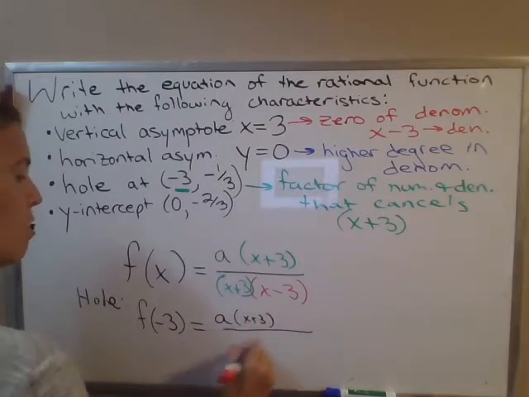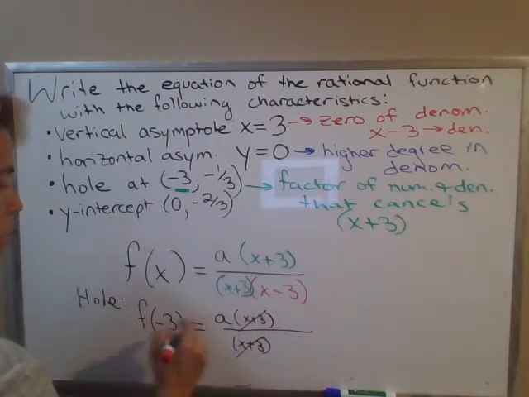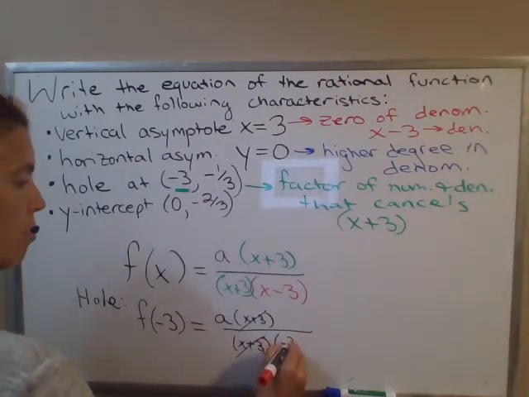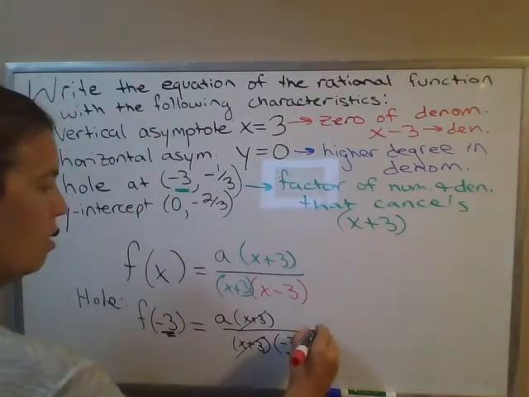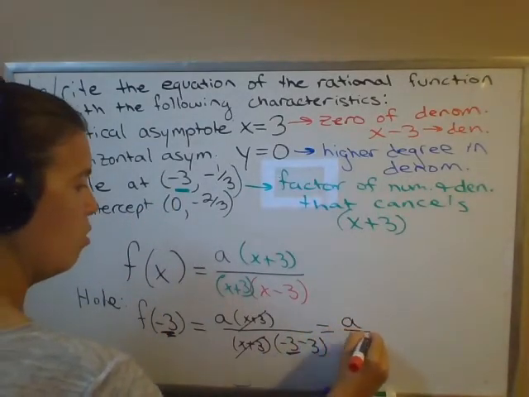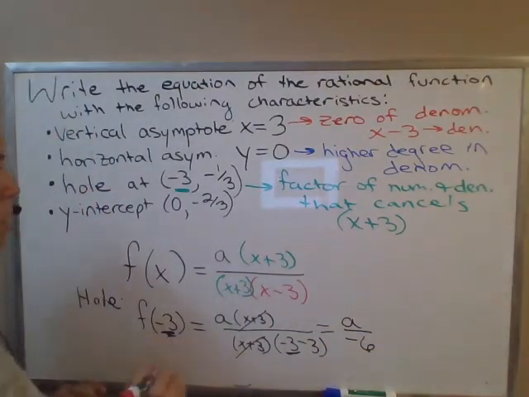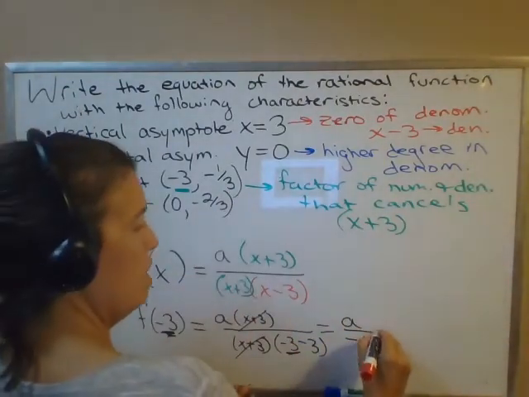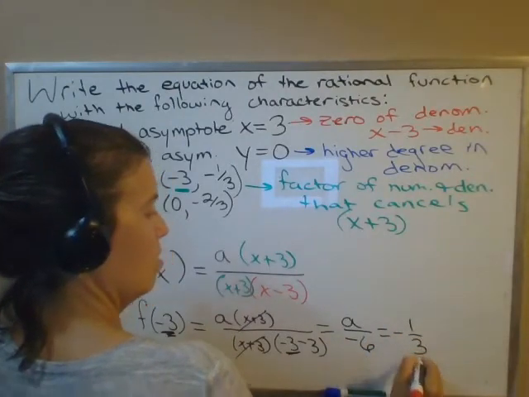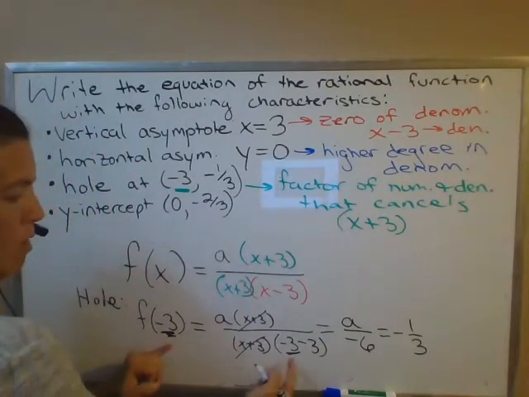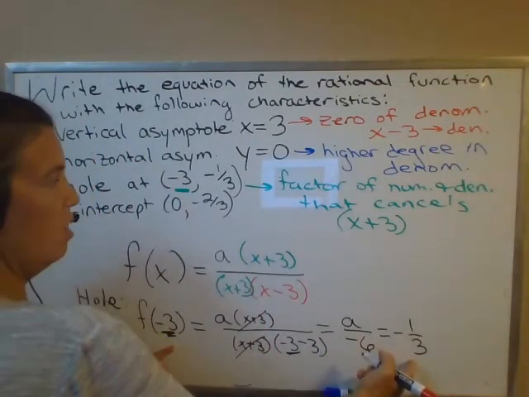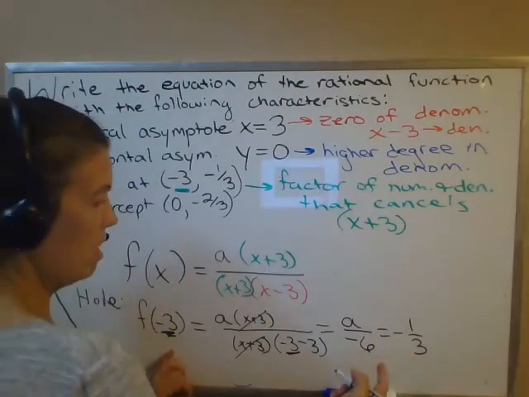So after you've canceled the x plus 3's on the top and bottom, you want to plug in -3 to that remaining factor, -3 minus 3. So I'm substituting -3 for the x coordinate of the hole. And so this is a over -6. And we know that the y coordinate is supposed to be -1/3. So set whatever result you get when you plug in the x coordinate equal to -1/3 so that our y coordinate comes out to -1/3.